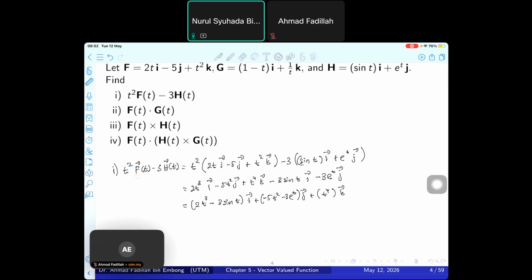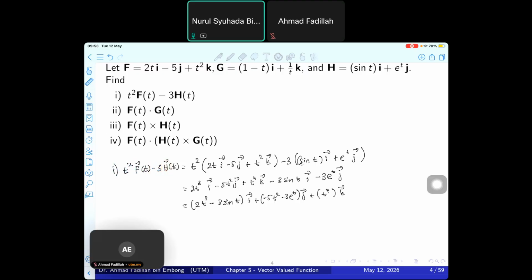For example, for F, I put the arrow like this. It means that F here is a vector, t over here is a variable, and 3 over here is not a vector but a constant, and H here will become a vector.